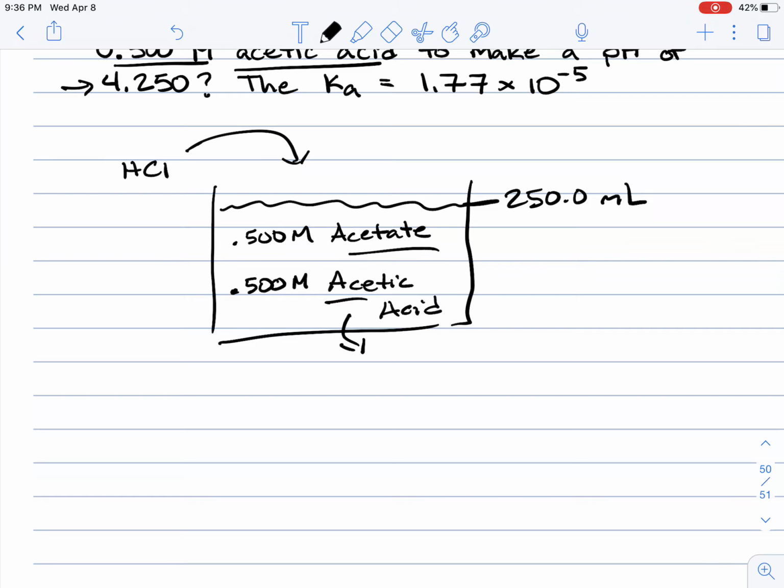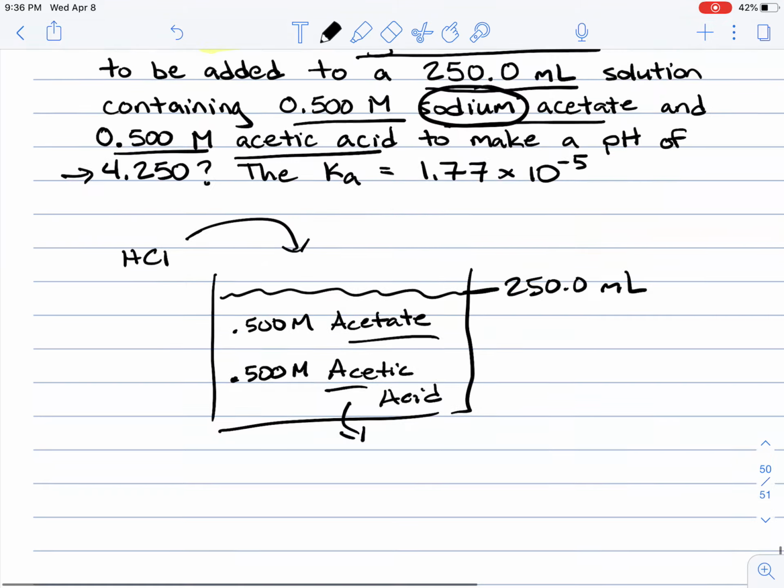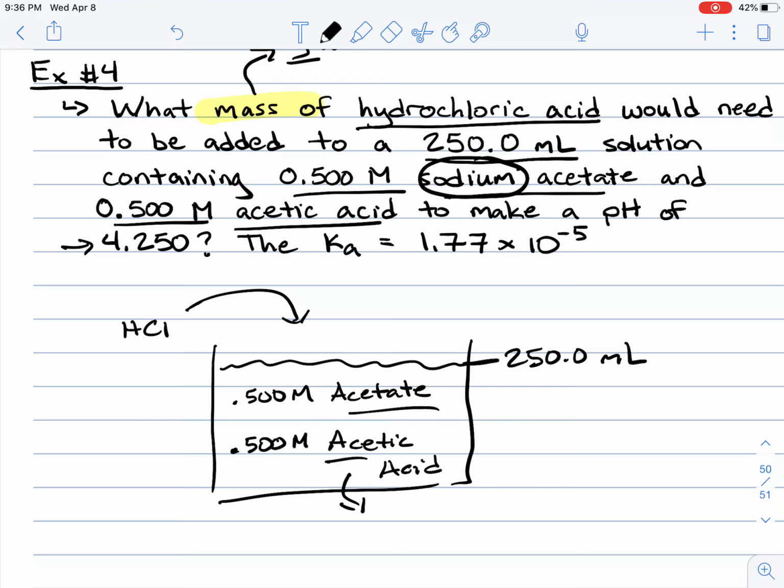This is a little bit different than the previous problem. In the previous problem, we only had one component to the buffer, which is HNO2. So in this beaker, we have acetate and acetic acid, and together we already have a buffer.